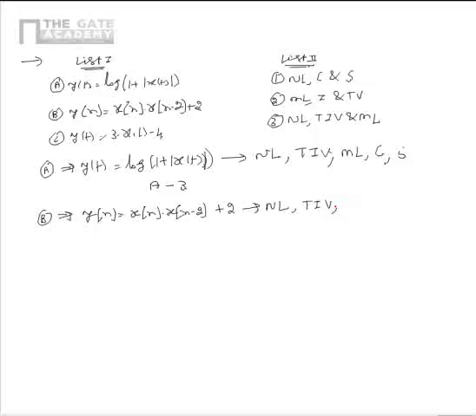Here we see that the output at any instant depends on current or past inputs, so the system has memory but causal. Also, for any bounded input, we get bounded output, so the system is stable. From this, we can see that B can be mapped to 1.